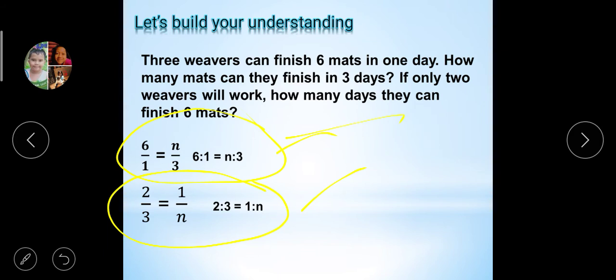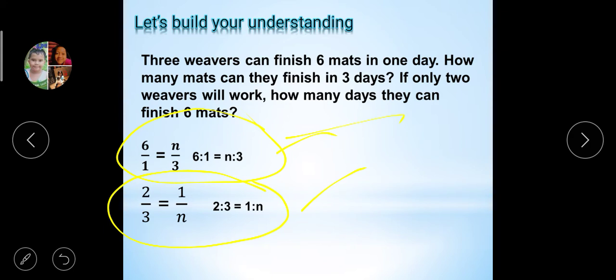Okay, so the number of days na magtatrabaho yung tatlong weavers na yon is directly proportional to the number of mats na magagawa.